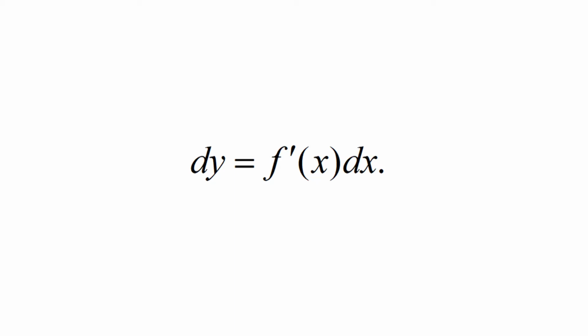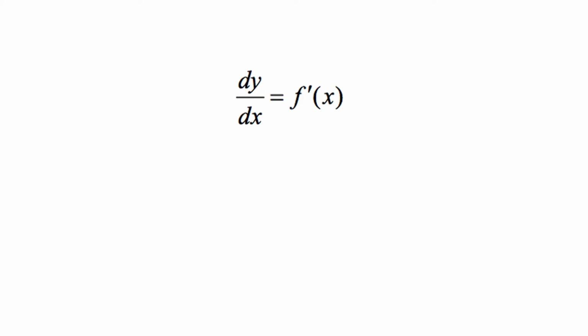If dx is different from 0, then we can divide both sides of the above equation by dx to get dy by dx is equal to f prime x. The above expresses f prime of x as the ratio of dy and dx. The formula dy is equal to f prime x times dx is said to express dy by dx equal to f prime x in differential form.